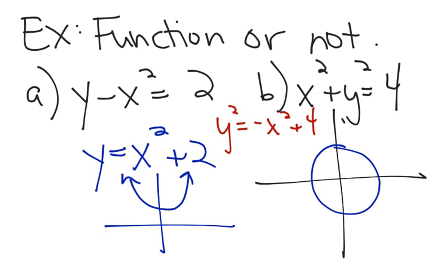Well, you have to square root both sides. And when you do, you end up with this. So these are the two halves of this circle shown in algebraic form. But you probably know it already as a circle, and circles are never functions. And that should help you out with section 2-2.